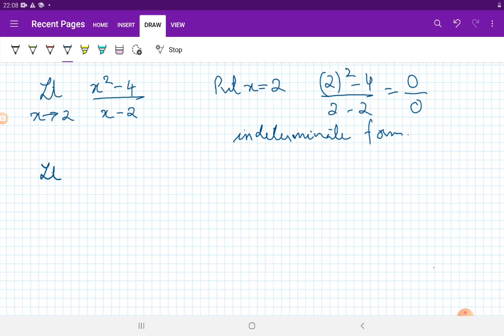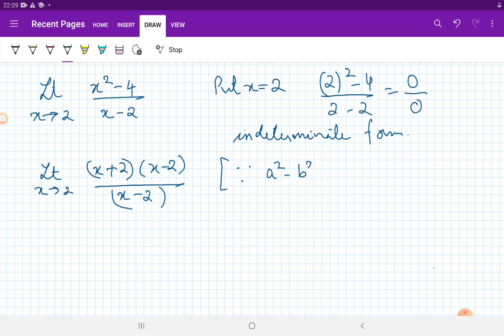So here what I can do is I can split the numerator into its factors x plus 2 and x minus 2, keeping the denominator as it is, and in the bracket I'm writing the rule that I have used to split the numerator, which is a square minus b square is equal to a plus b into a minus b.